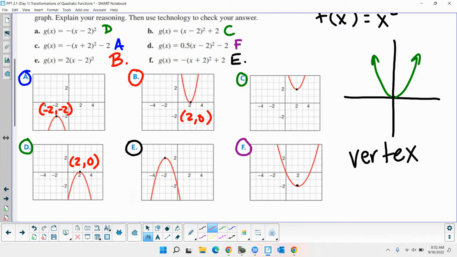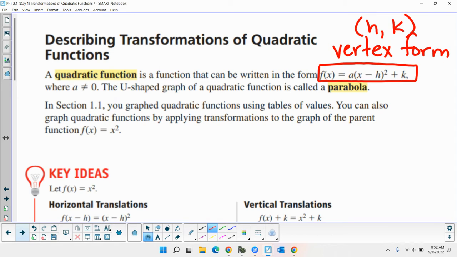If it's a positive number out front of the parentheses, like here, E is a positive 2, and D is a positive 1/2, opens up. This is no number out front, means a positive 1 out front. It opened up. Okay? So just some things that you can look at real quick when it's in vertex form. Okay?